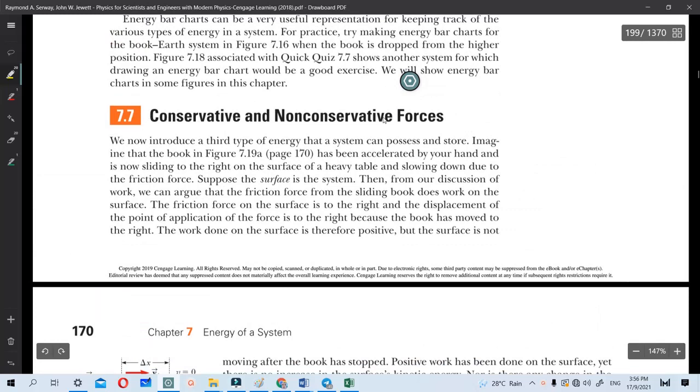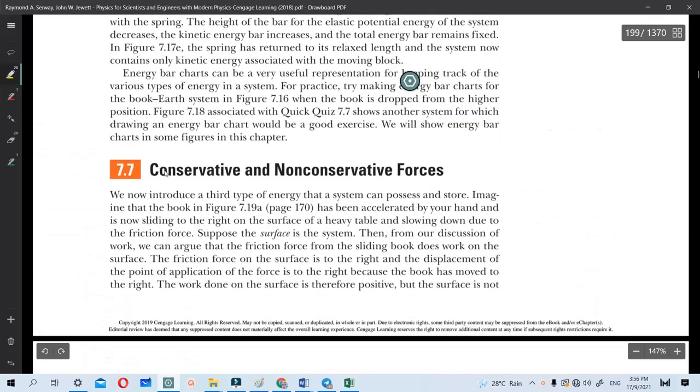This subtopic, conservative and non-conservative, would be the core idea and would be used frequently in the next topic, which is chapter 8. Now, here, the terms used are conservative and non-conservative. Okay, let me just be frank with you. When it starts talking about non-conservative forces, it's actually referring to friction.